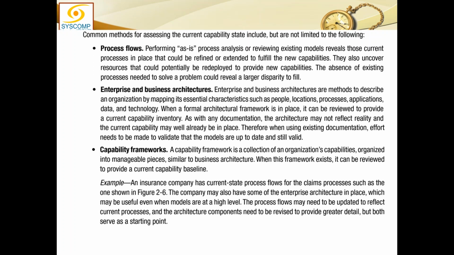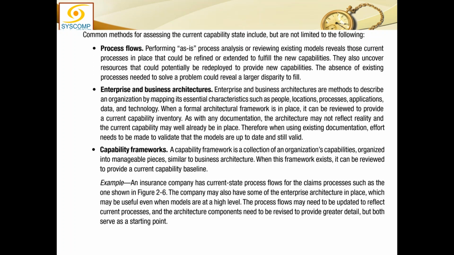As with any documentation, the architecture may not reflect reality or the current capability because this could be the design. How many people should be there in the organization, but actually there are fewer people working. But still, architecture will give you a clear view of how the organization should have been working. Therefore, when using existing documentation, effort needs to be made to validate that the models are up to date and still valid.